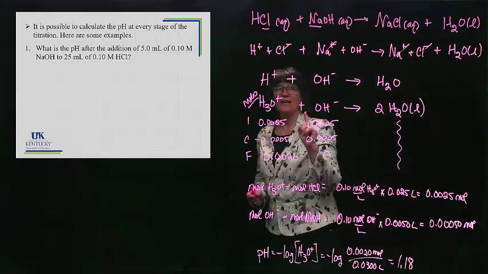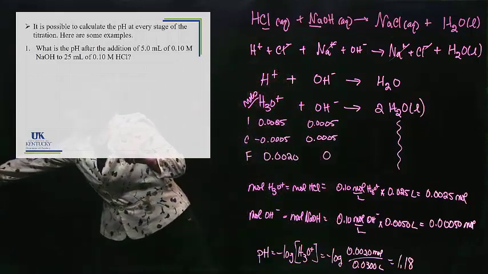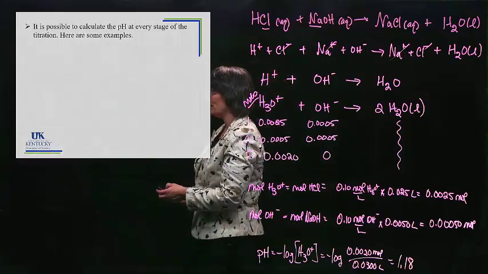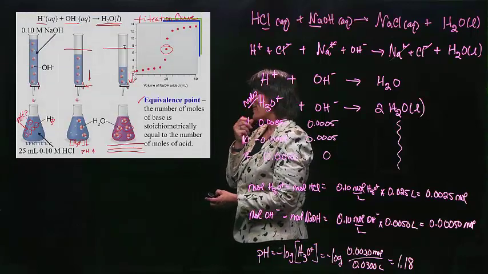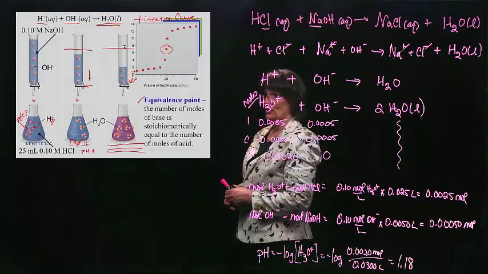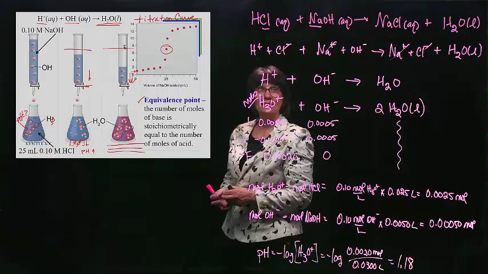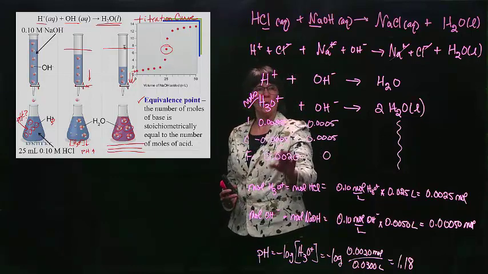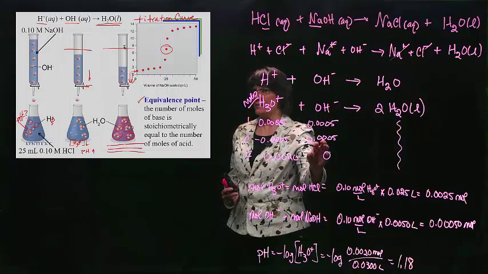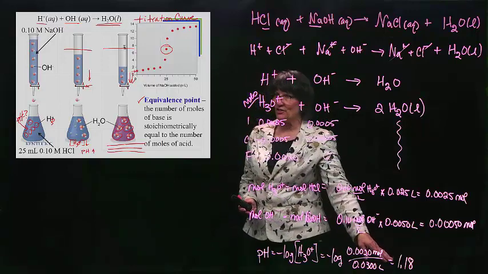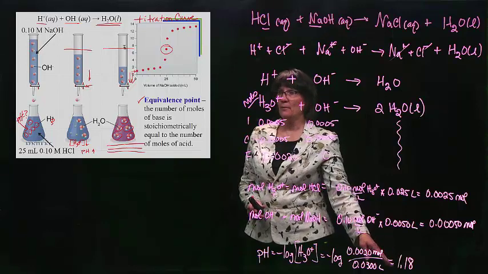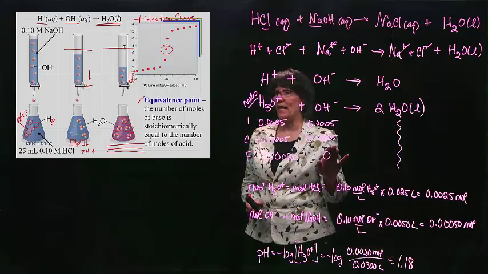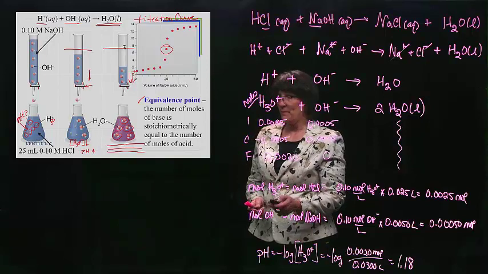If we go back to our original picture, way back, that was early in this titration, where we had a lot of acid. We've just added a little bit of base, so we're down at a low pH still. It's risen a little bit above 1, but not a lot, at the point where I've only added 5 milliliters of the base.